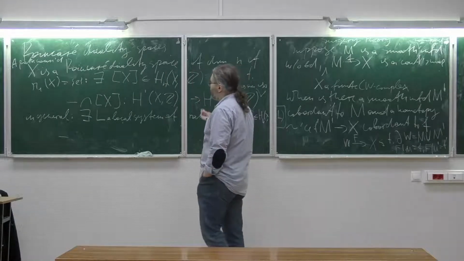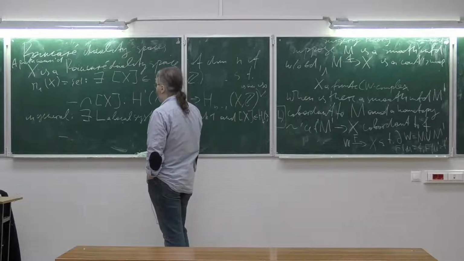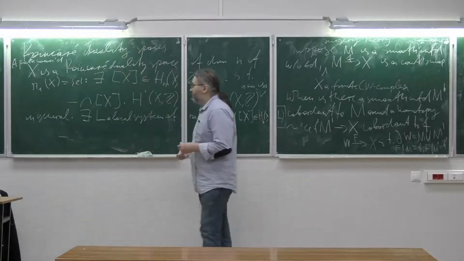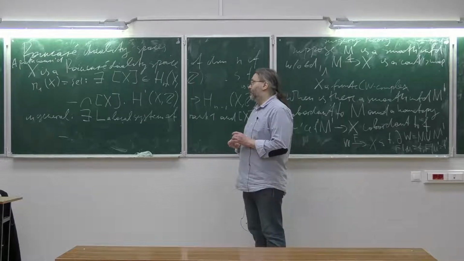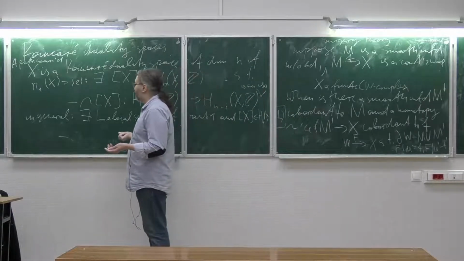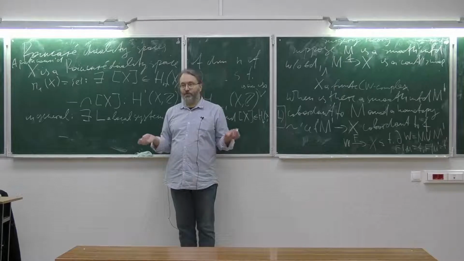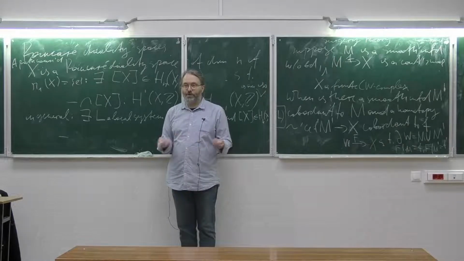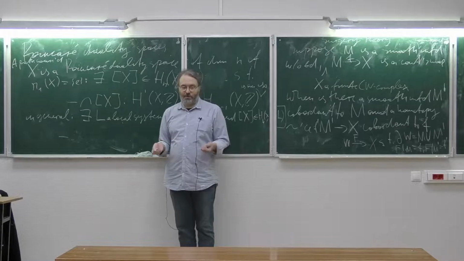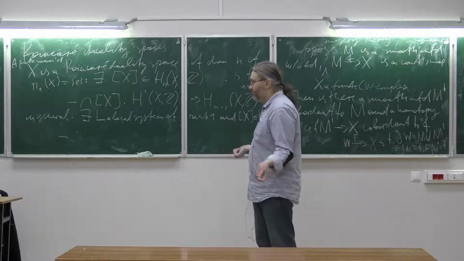Yes, but of course, if it is not oriented and you want to have the coefficients in Z, not in Z/2, then you should have the local system. Well, for example, if I take this as the definition in the non-simply connected case, then RP2 will not be a Poincare duality space, which is not exactly what we want, because it's a manifold.